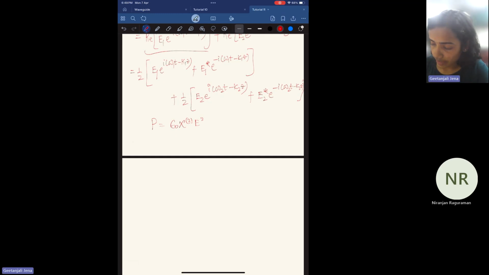So E squared means the square of this. So we'll have 1 by 4 times term A, this is B, (A plus B) whole square.